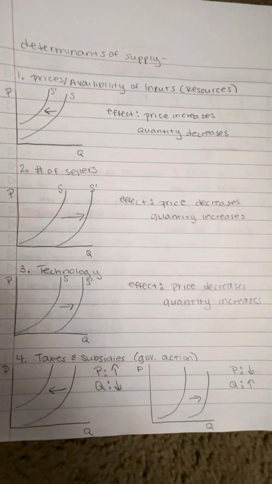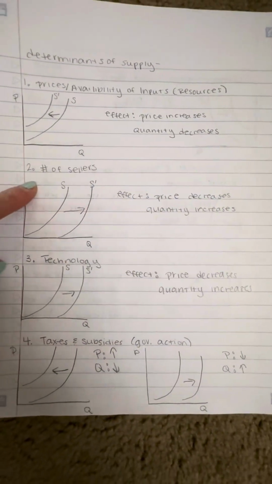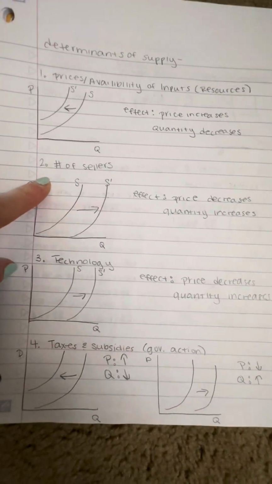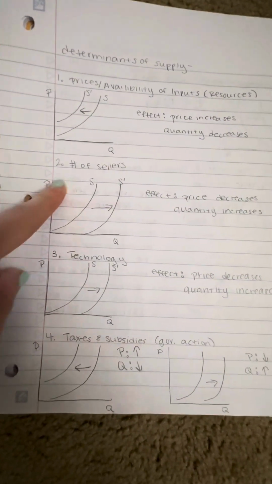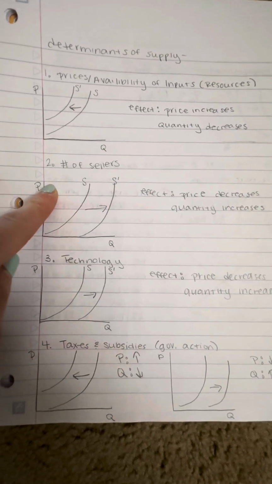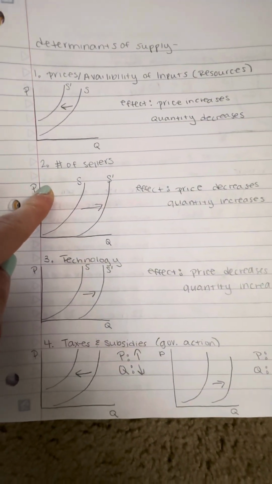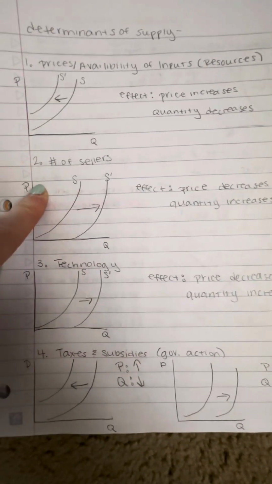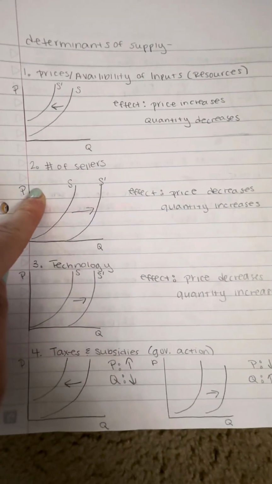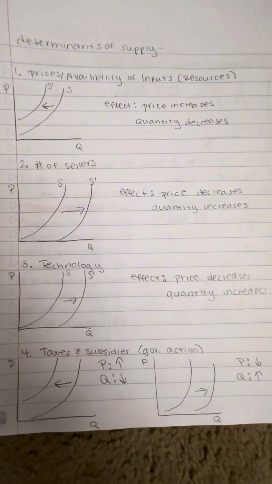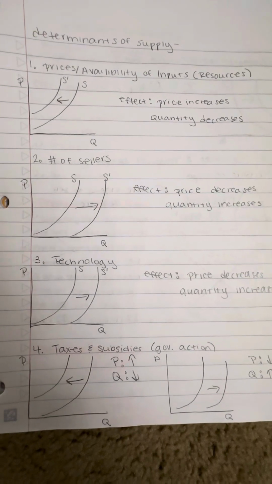Moving on to number of sellers, an example of this would be if there were more kids that set up lemonade stands in the neighborhood, giving our kid some competition. The overall supply of lemonade will increase because you have more people making more lemonade.